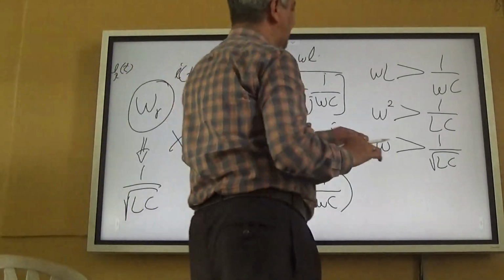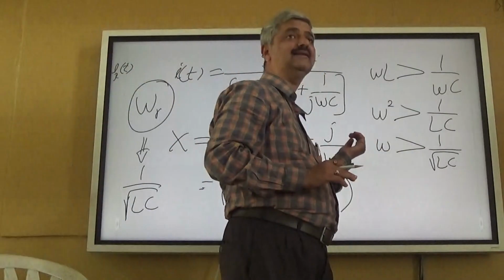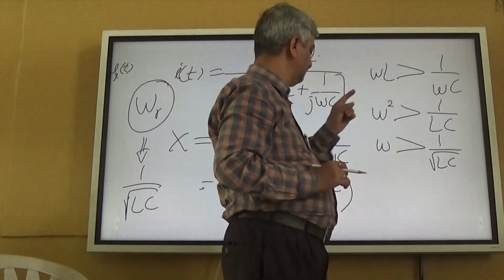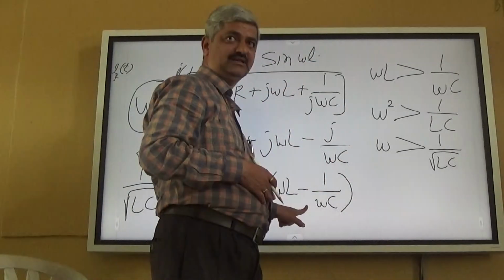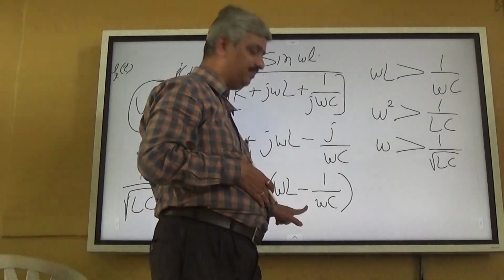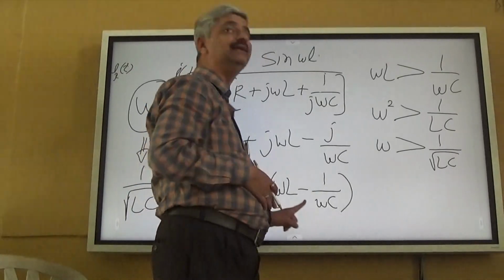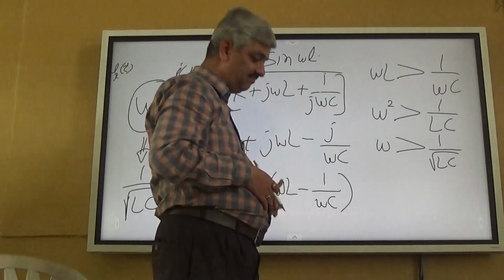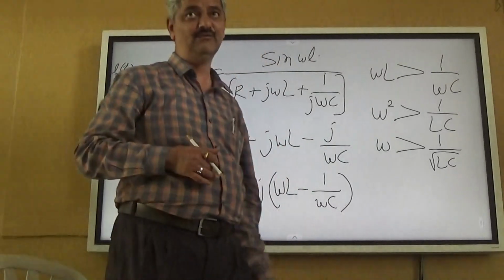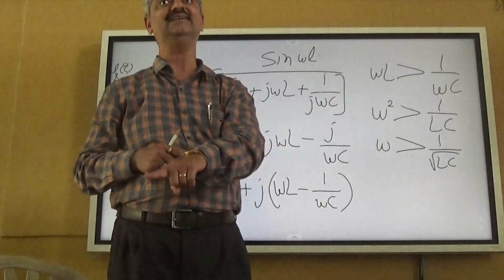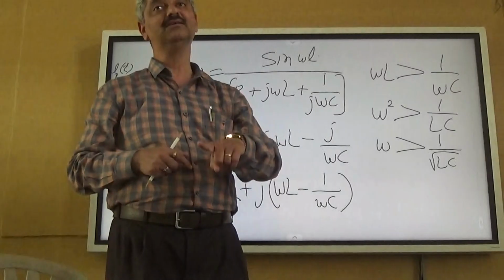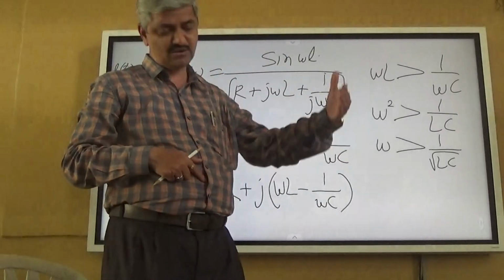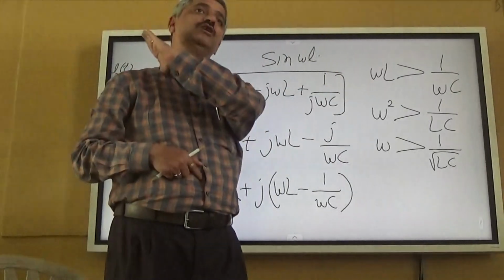So if omega is greater than omega r, the bracket term would be positive and the circuit would be resistive and inductive. The RLC circuit will behave as an RL circuit for frequencies greater than the resonant frequency.